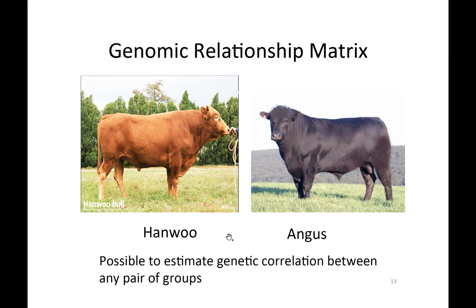But now, based on SNP information, as long as they are genotyped on the same set of SNPs, you can work out the SNP similarity or genotype similarity, then get the genetic covariance structure between the two breeds. Then it's possible to estimate genetic correlation between these two breeds. That was never possible before.